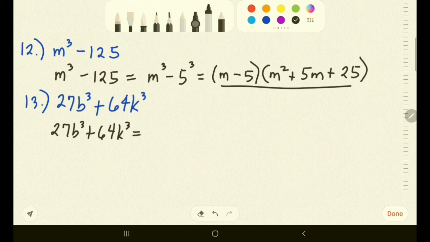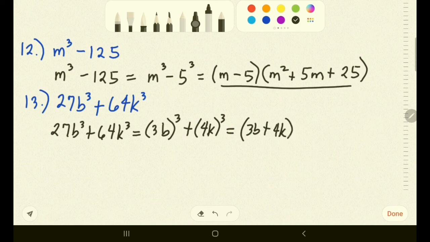Express each to the power of 3. So this would be (3b) quantity cubed plus (4k) quantity cubed. So meaning the binomial factor would be the base 3b plus 4k.